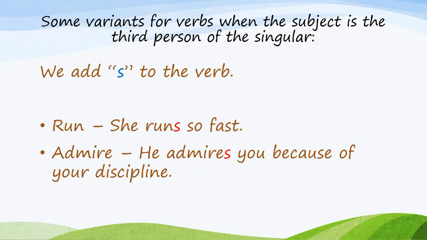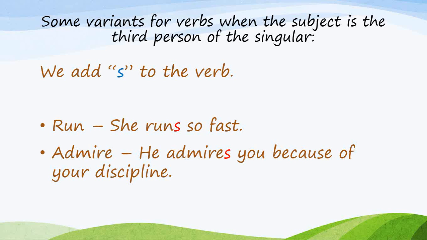Now, some variants for verbs when the subject is the third person of the singular. What it means that the subject is he, she, or it. What do we have to do when the subject is the third person of the singular?